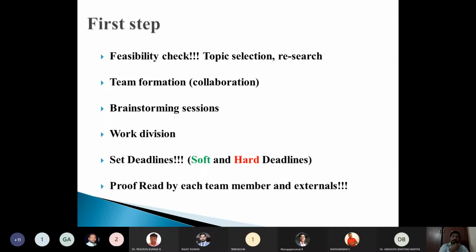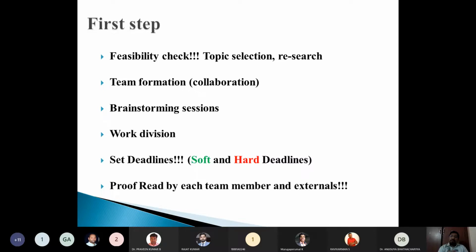The one thing which most of the journals look at is the number of people who are actually writing the paper, that is the number of authors, and especially their affiliation.